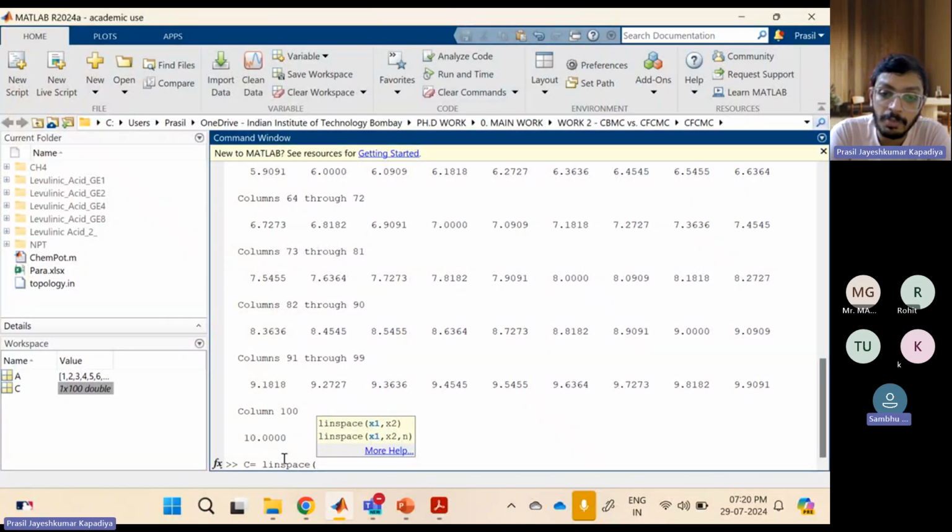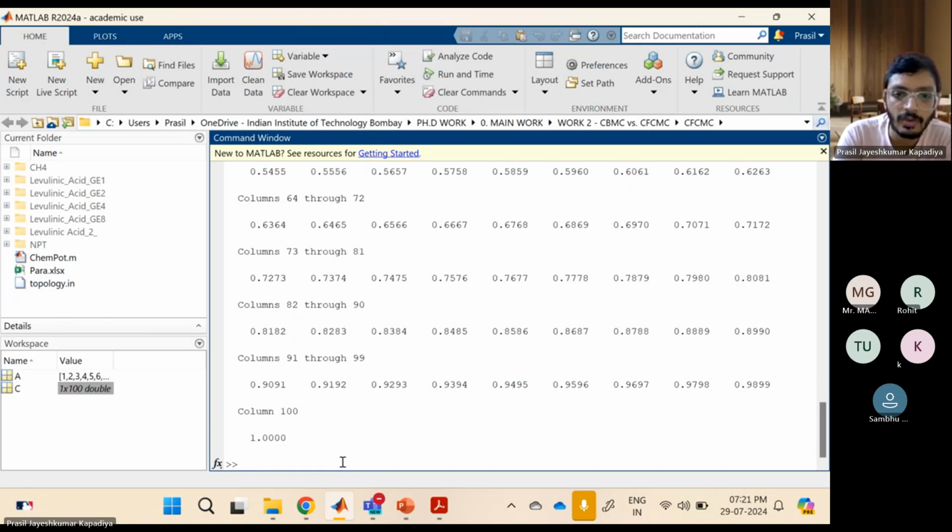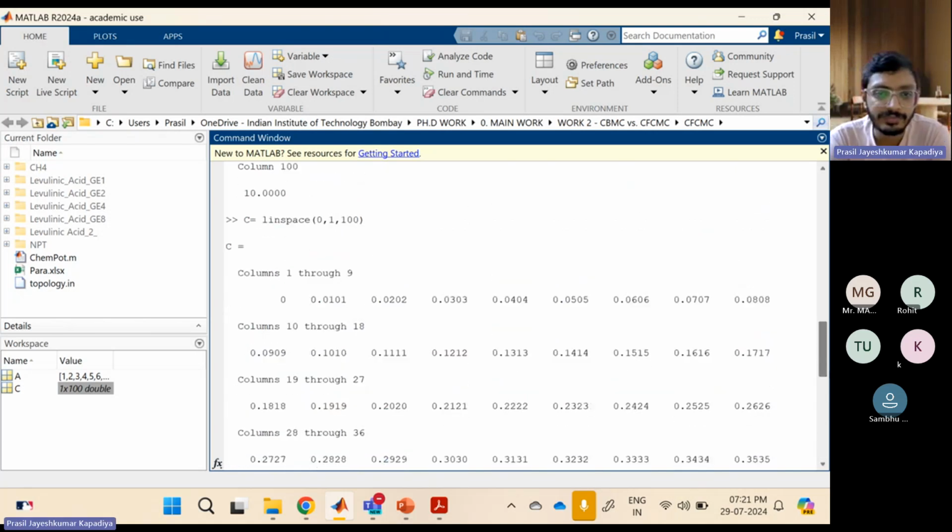How many points do you want? 100 points between 0 and 1. So I will write x1 is equal to 0. If you can see the syntax they are giving, first I will write x1, then x2, and then 100. Okay. So I got 100 points between 0 and 1.